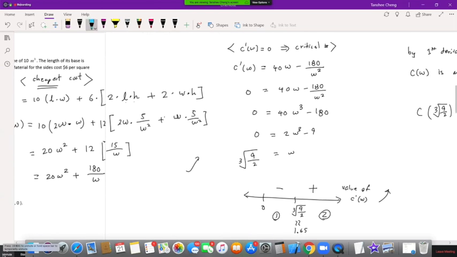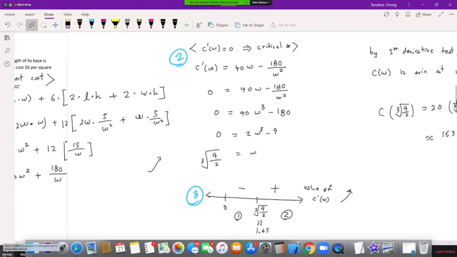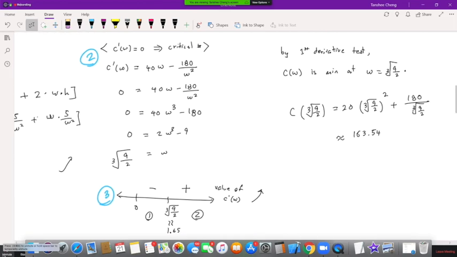We have to find the critical number, and when we find it, we need to use the first derivative or second derivative test to justify that at this critical number, we have a maximum or minimum. And lastly, we answer what the question is asking for. In this case, it's the cost.